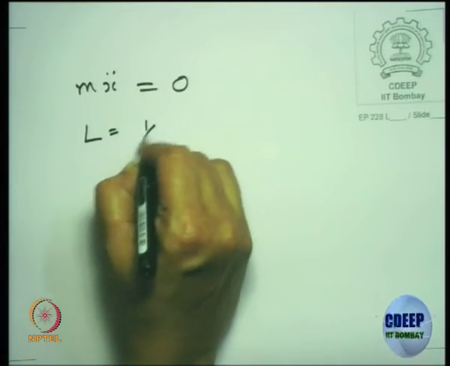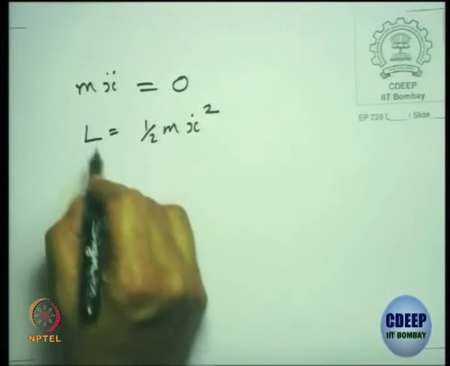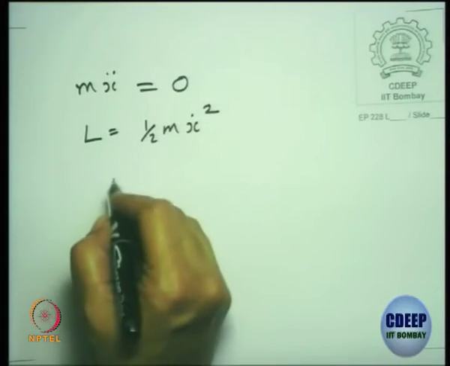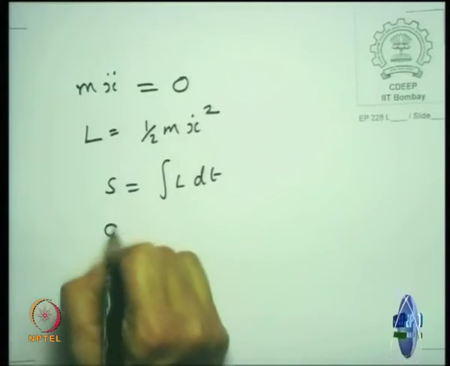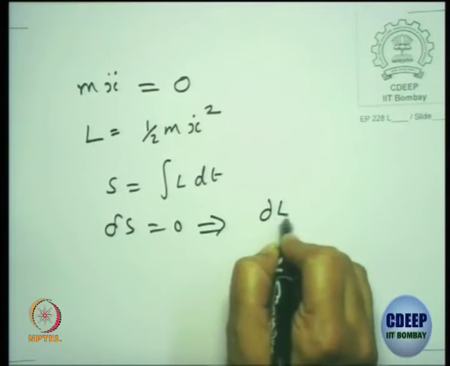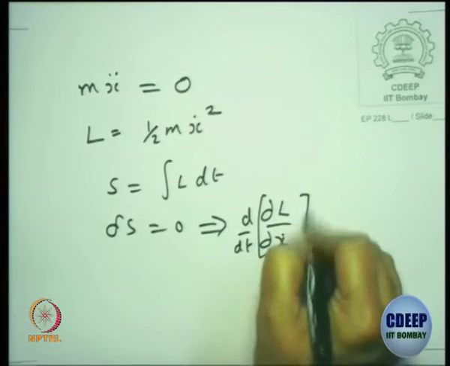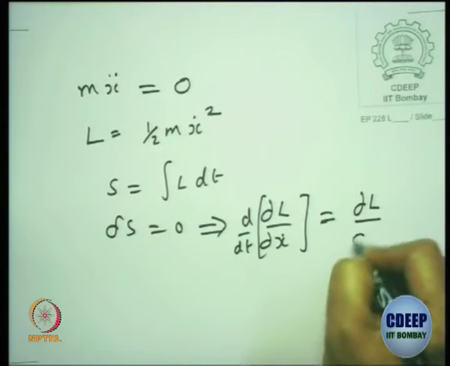You take L to be half m x dot squared, and then you have the principle of least action, extremizing the action, the integral of L dt, delta S equal to 0, which will give you d by dt of del L by del x dot minus del L by del x.